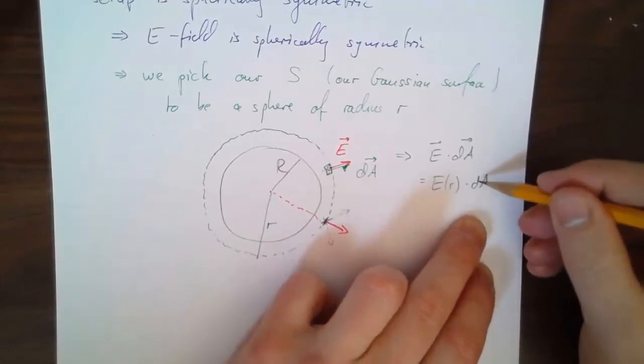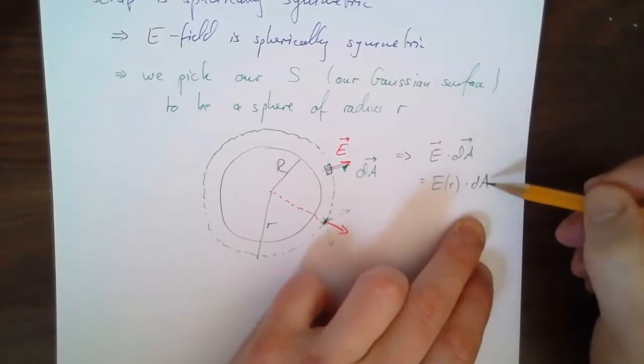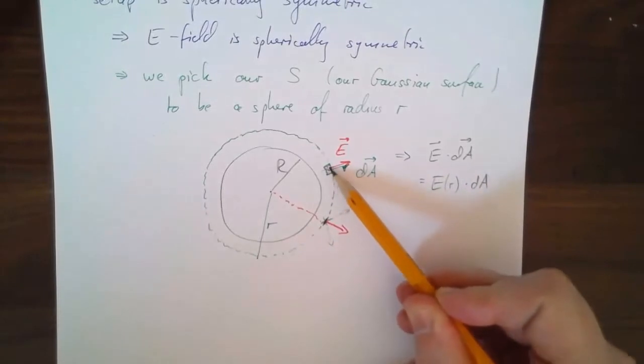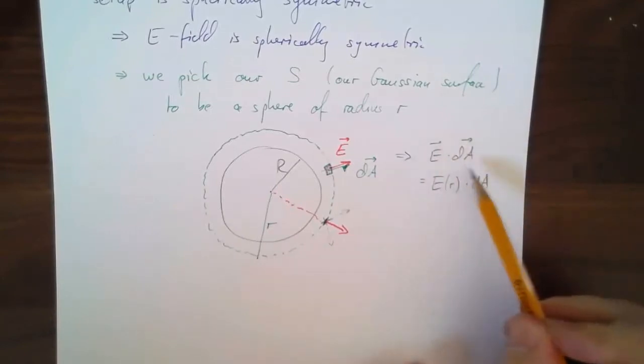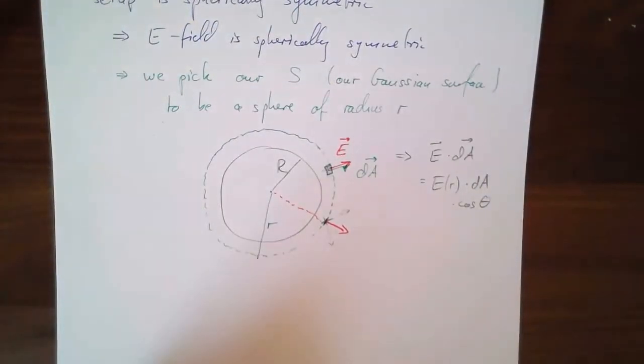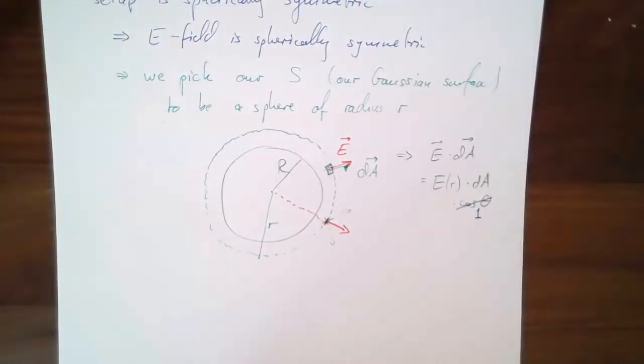Again, I could write the magnitude of the vector dA, but I'm just going to write dA without the arrow to mean the actual size, how many square millimeters this tiny little area is. Now for the flux, I'd also need the cosine of the angle between them. If you don't remember that, look back at part 1, the first video on Gauss's law. But because they're pointing in the same direction, the angle is 0, and cosine of 0 is just 1, so I can ignore it.